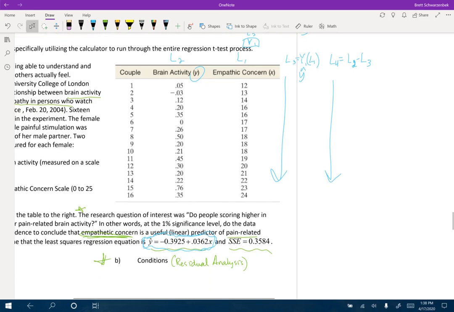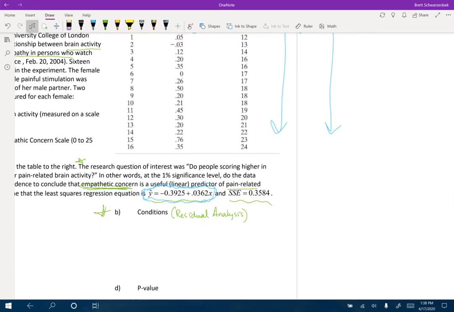And then what do we do? So for your residual plot, remember you're going to go into stat plot, make sure the one that's on is the first, the dot one, and it's going to be L1 versus L4 for X versus Y. You're going to do zoom stat, and you're going to get a graph that looks something like this.